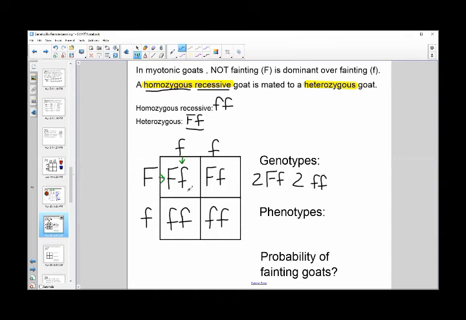So there's my genotypes. For phenotypes, that's the trait you have, or what you look like. For these goats, I have at least one of the dominant not fainting genes present in this gene combination. So that means there would be 2 not fainting goats.